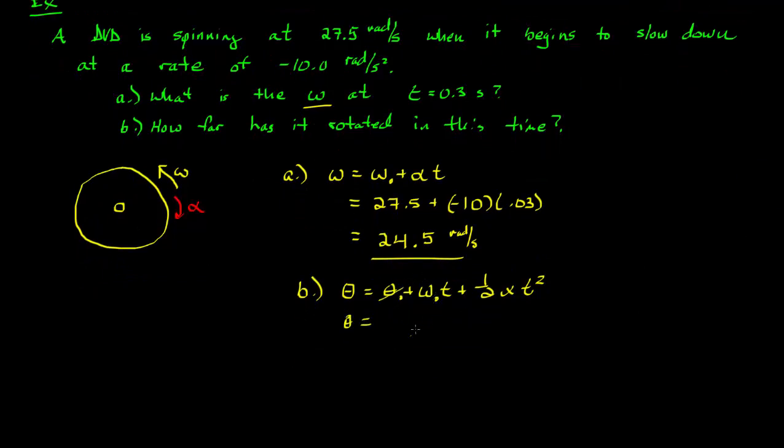The initial velocity was 27.5 times 0.3, plus one half of the acceleration, -10, times 0.3 squared. And you get 7.8 radians.